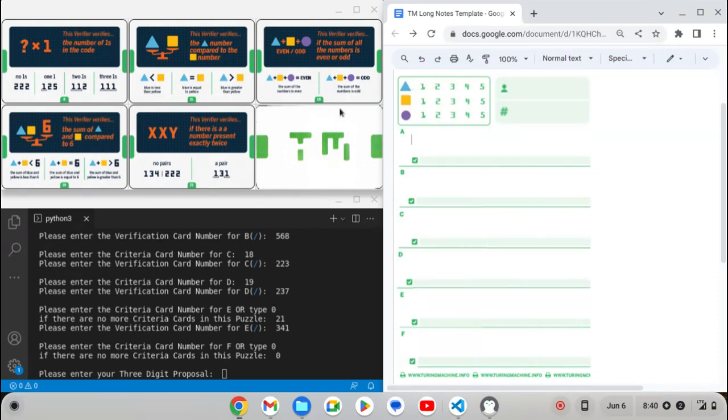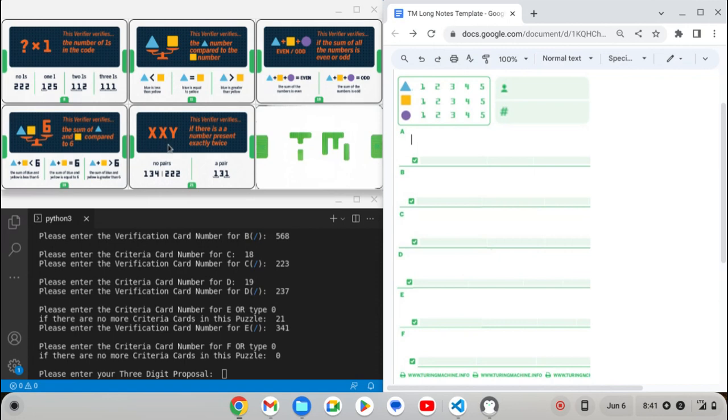Criteria card D looks at the first 2 digits, again triangle and square, adds them together, and will let us know if the sum is less than 6, potentially equal to 6, or perhaps even greater than 6.